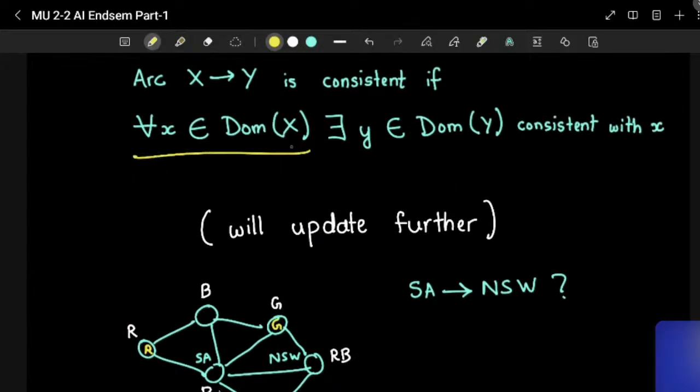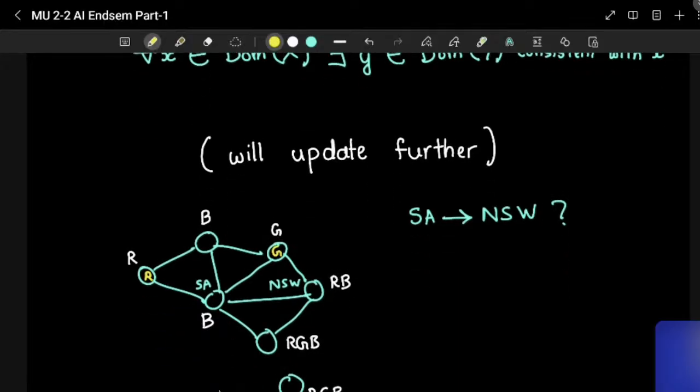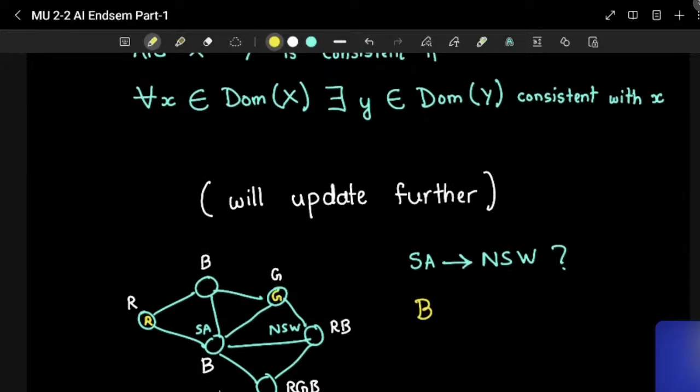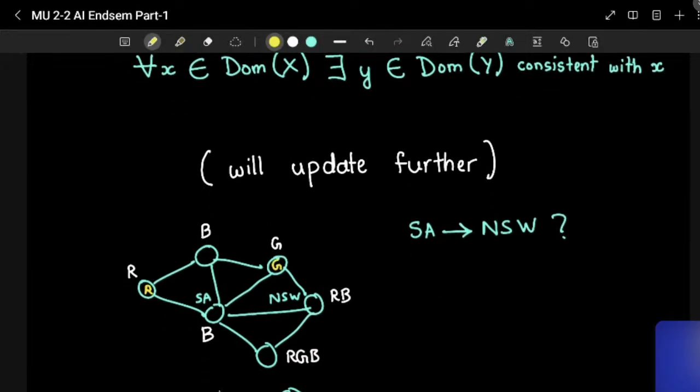Here only one value is there, which is nothing but B. So you have to check for B. If SA is B, is there any value in NSW that satisfies the constraints? If SA is B, what value can NSW take? It can't take B because they're neighbors. It can take red. Then NSW can take red.